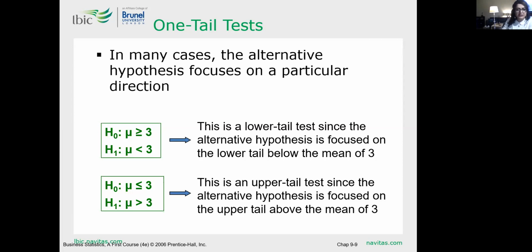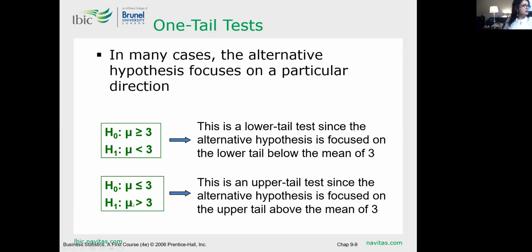So this is a lower tail test, since the alternative hypothesis is focused on the lower tail, below the mean of 3, because we are just considering one side of the curve. If you look at this part, you can see the alternative hypothesis is just looking at one side, which is the left side of the normal curve.